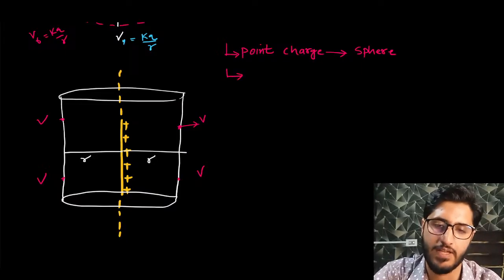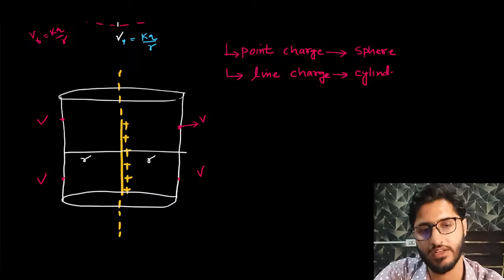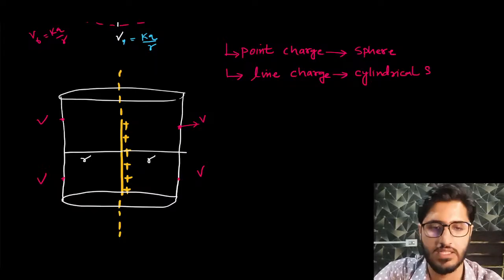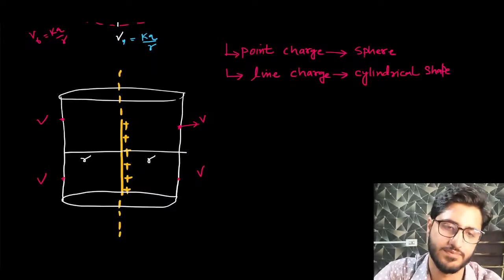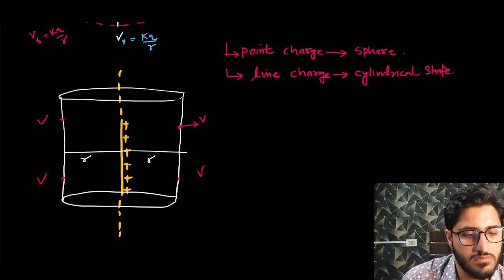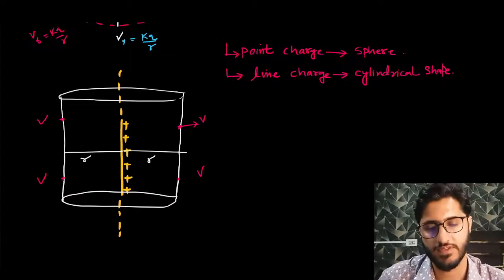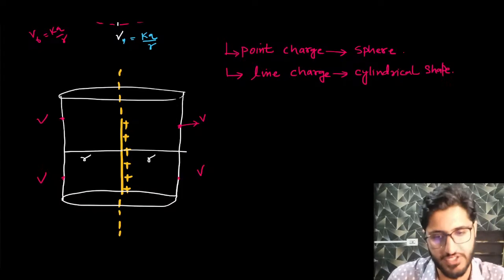But if we have a line charge, the equipotential surface will be a cylinder, cylindrical in shape. Then very easy. Now let us do some more things about equipotential surfaces.